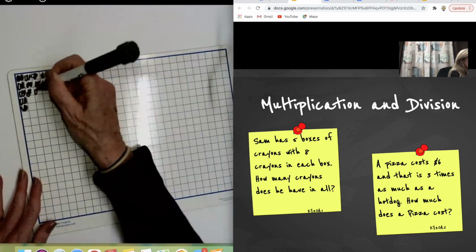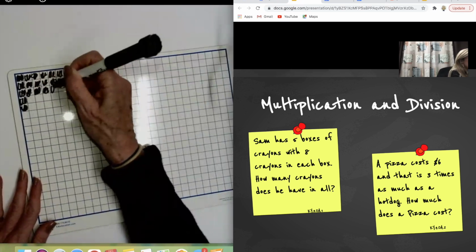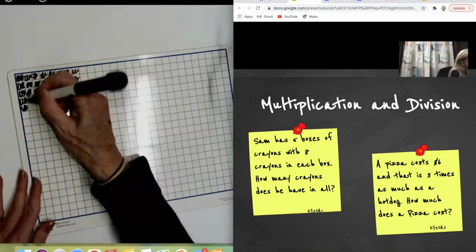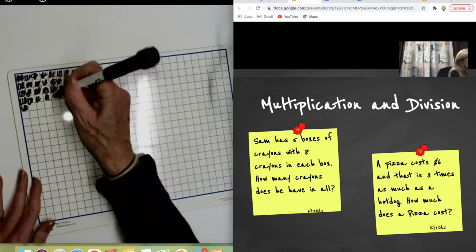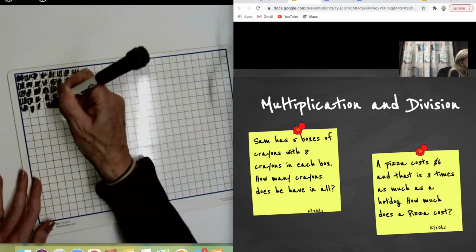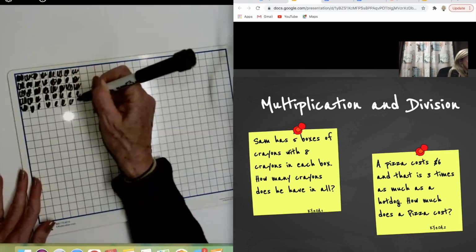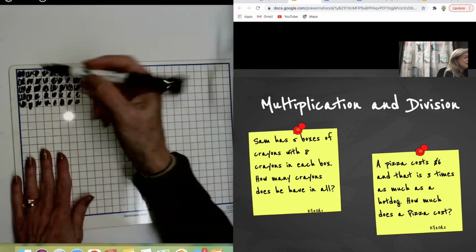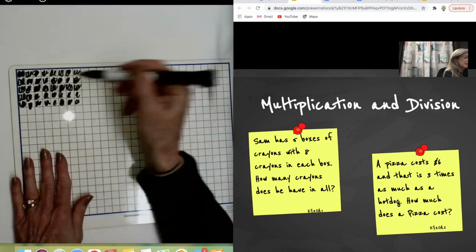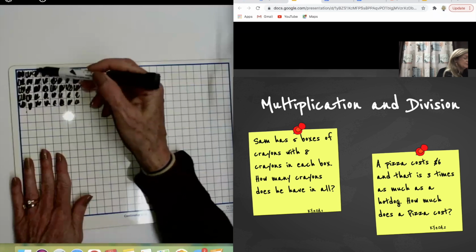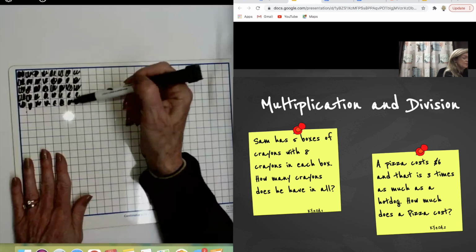This is another way to move that into the semi-concrete. Right? So we've got 5 rows with 8 in each row. So we can count those by 5s if we want to. 5, 10, 15, 20, 25, 30, 35, 40.